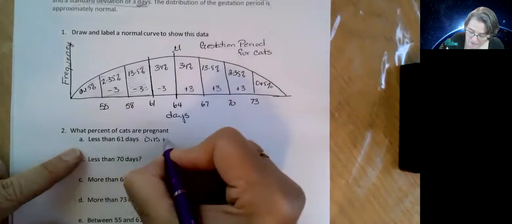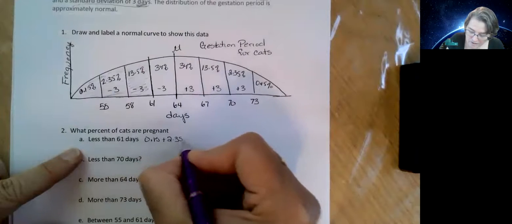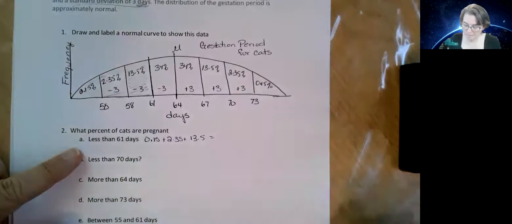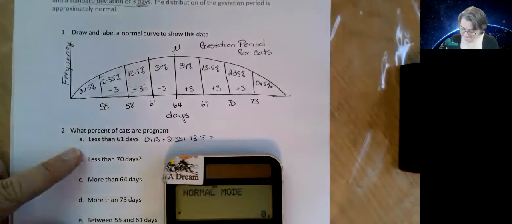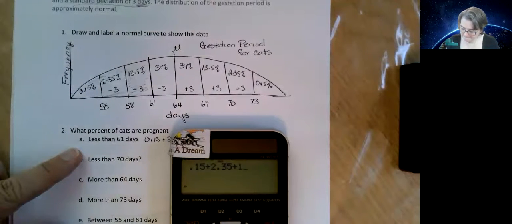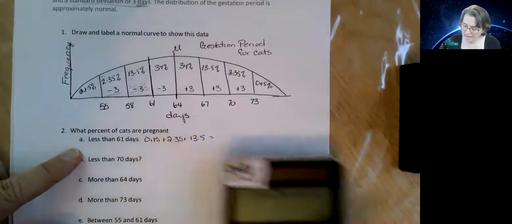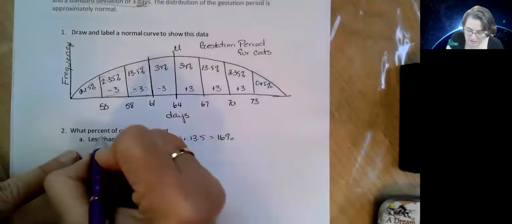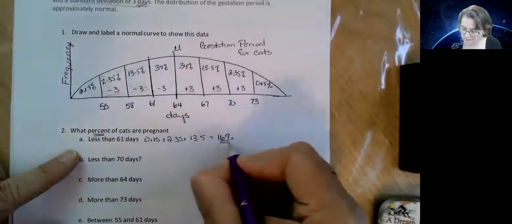0.15 plus 2.35 plus 13.5. That gives me 16%. Okay, notice it said what percent, and my answer is in percent, so we're good.